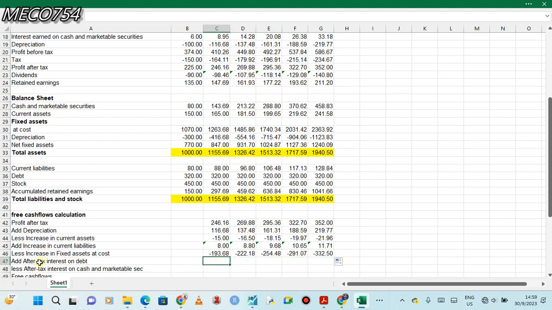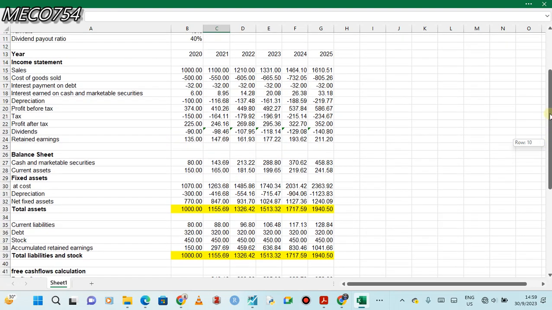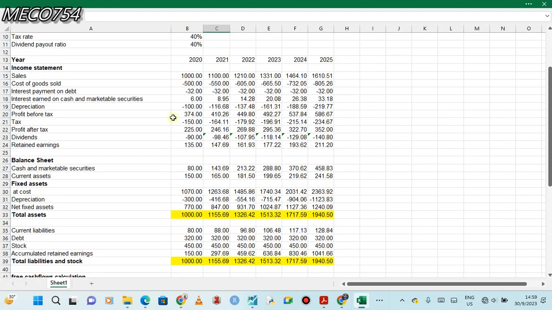Now we need to calculate and add back the interest. Remember, it's after tax, which means we have to adjust for the tax rate. So what is our interest on debt? Our interest on debt from our income statement is 32, 32, 32, 32.